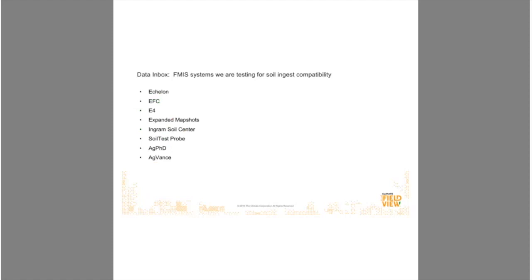And I will give my email address at the end of the presentation here today, so you can send me information, but it's a very simple email address. I am just jeff@climate.com, and please let me know if you have gridded soil sample data in one of those systems and would be willing to let us try and upload it into your account for you so that we can confirm if it is in fact loading correctly and the data looks correct to you.